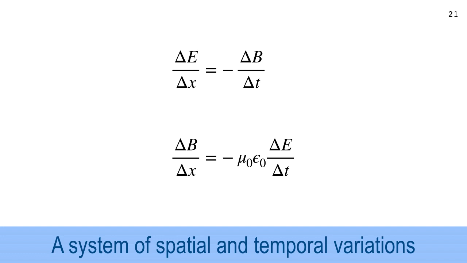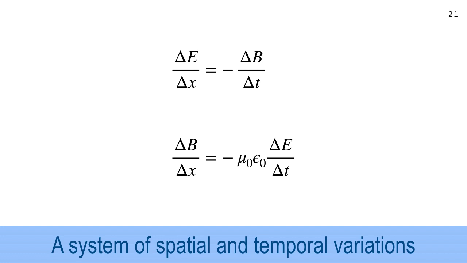Now, these are basically the last two of Maxwell's equations. But now instead of looking at surfaces and stuff, we're looking at slopes. We're looking at rise over runs of the field variations. And notice that we have mu naught epsilon naught. And so the speed of light is going to be in here.